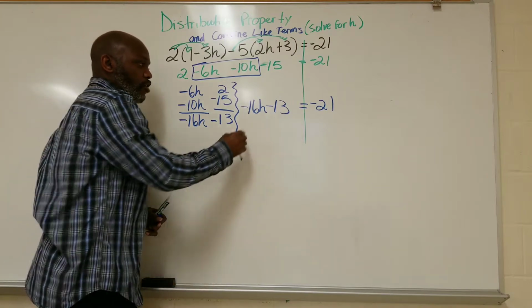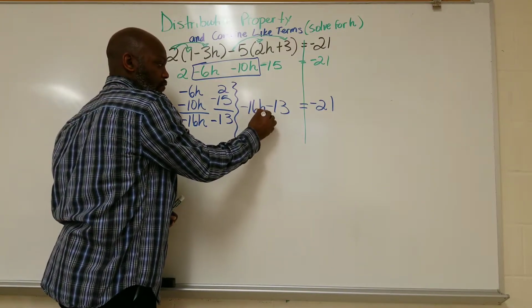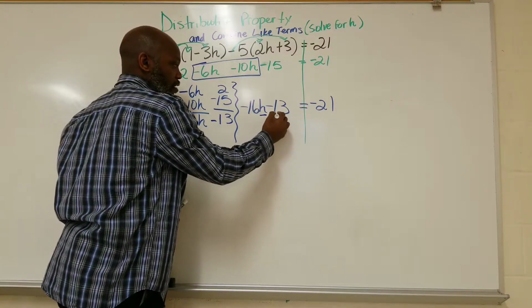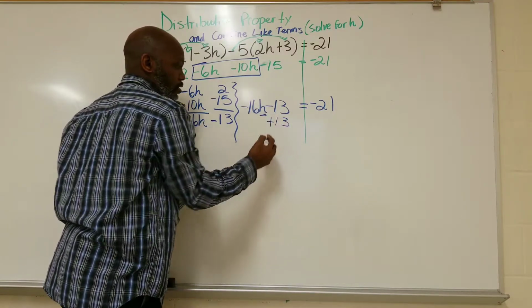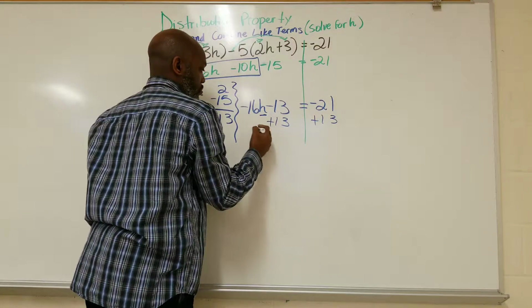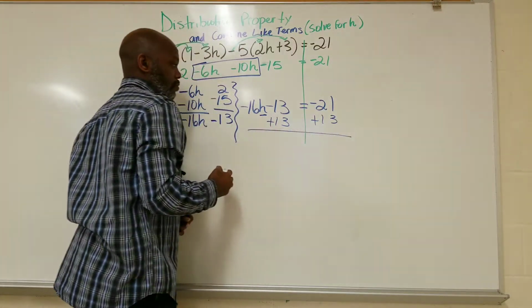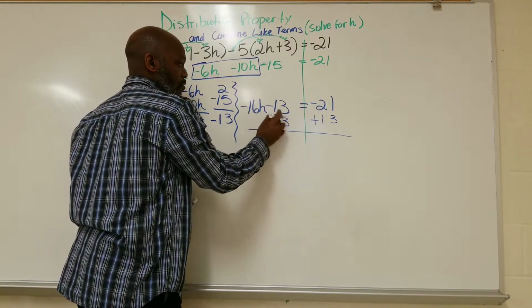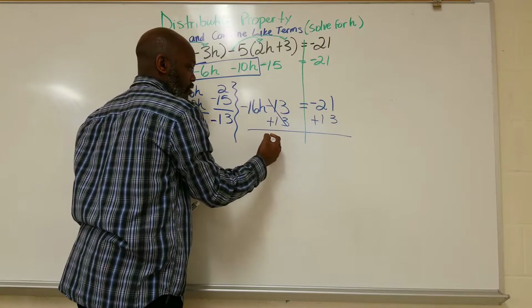Now from there, the goal is to get the h by itself. So before we can get the h by itself, we have to add 13 to both sides. Negative 13 plus 13 is 0, so it cancels out.